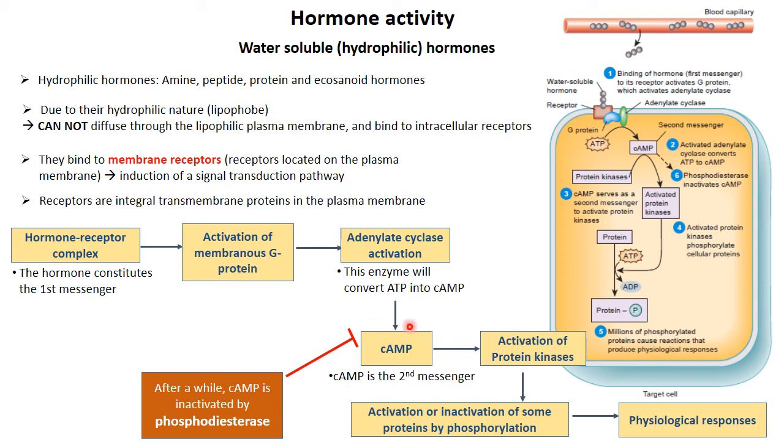So after a while, the phosphodiesterase will inactivate the cyclic AMP, and that's how we will stop the response of the cell to the hormone.